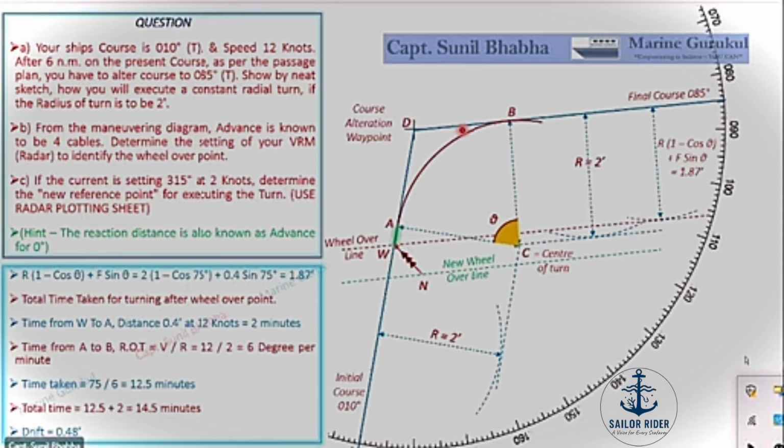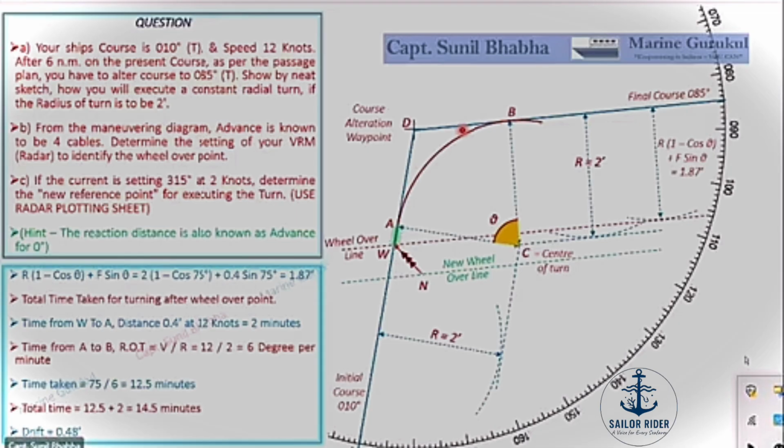But we are not giving much help to counteract the current. Only our wheel over line will be changed. We will follow the same initial course and then we will follow the same ROT of the first course. Only the wheel over line, wheel over point will be changed.